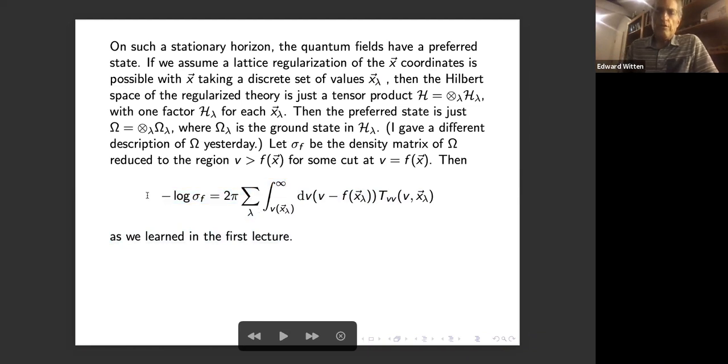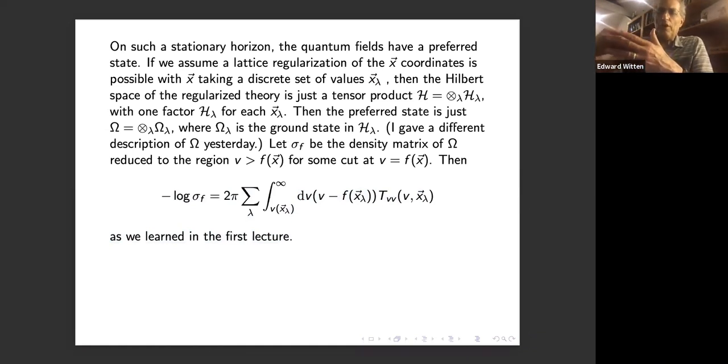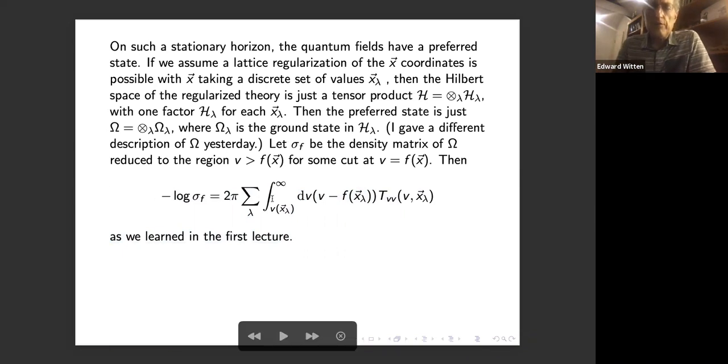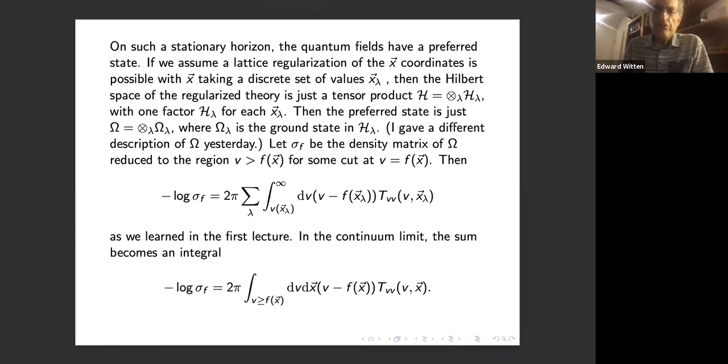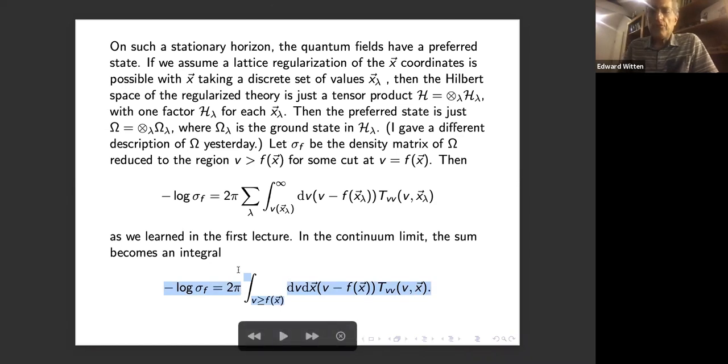If I don't take the logarithm, the density matrix would be a tensor product of rho lambda. But when I take the logarithm, we get a sum over lambda of what we did in the first lecture. In the continuum limit, the sum becomes an integral, and we get the formula that I used yesterday for minus the logarithm of the density matrix of this special state restricted to the future of the cut.